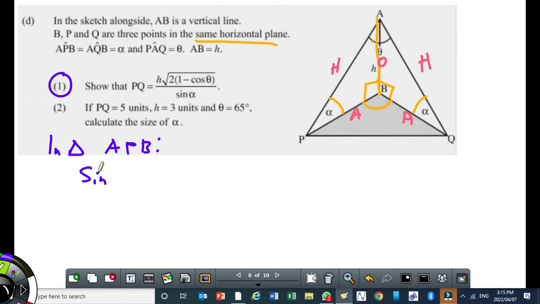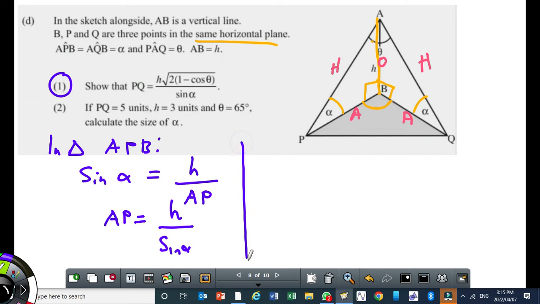It will be sine of alpha, equal to the opposite side, which is h, divided by the hypotenuse, which is AP. You following that? So I can swap the sine alpha and the AP. So AP is going to be h over sine alpha.